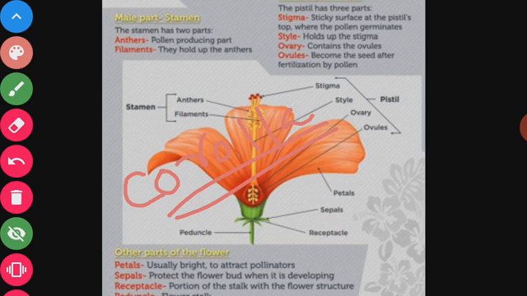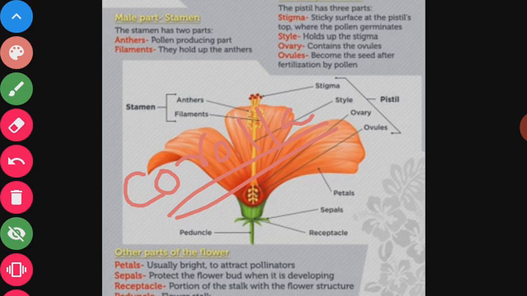They are colored because they have to attract the insects for pollination, and to protect the reproductive organs which are at the center of the flower. Those insects become pollinating agents.